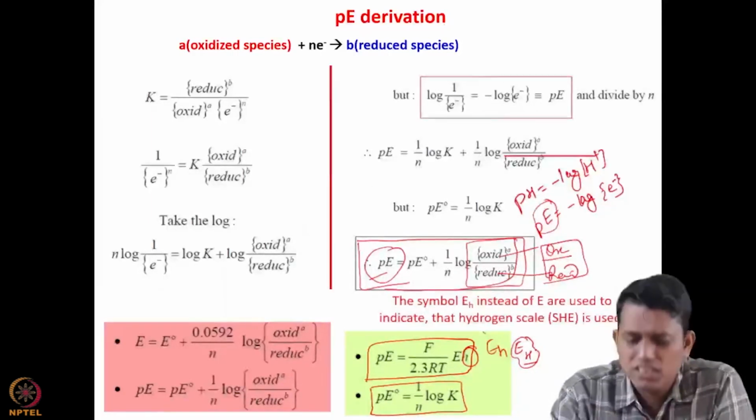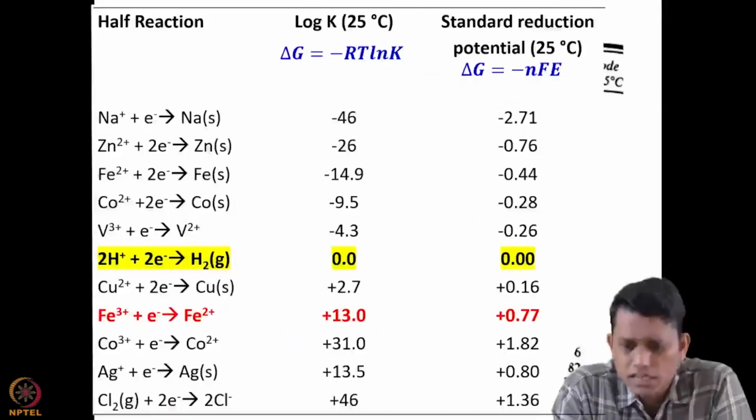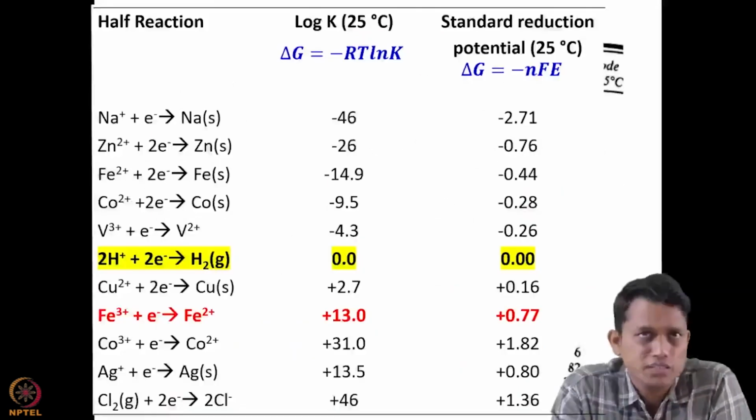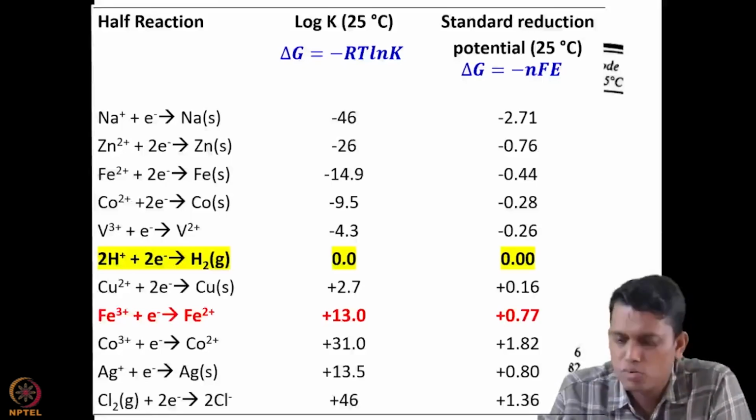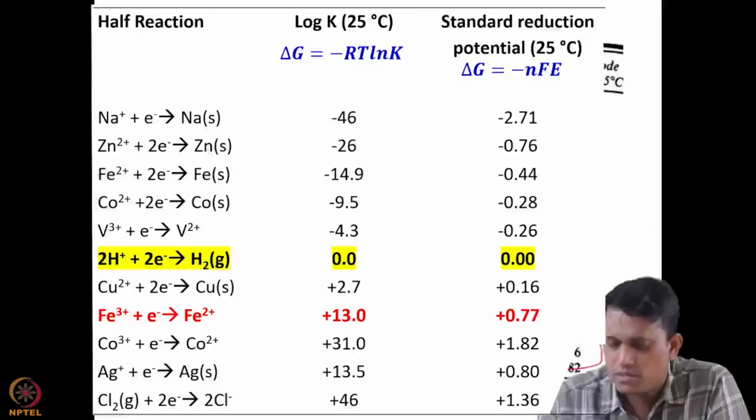So with this, we have seen that we have a set of half cell reactions whose standard electrode potentials, measured with respect to the SHE, are known.